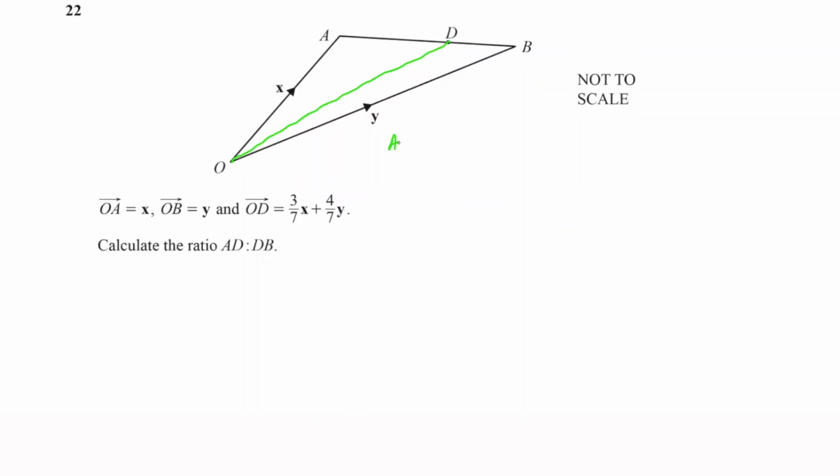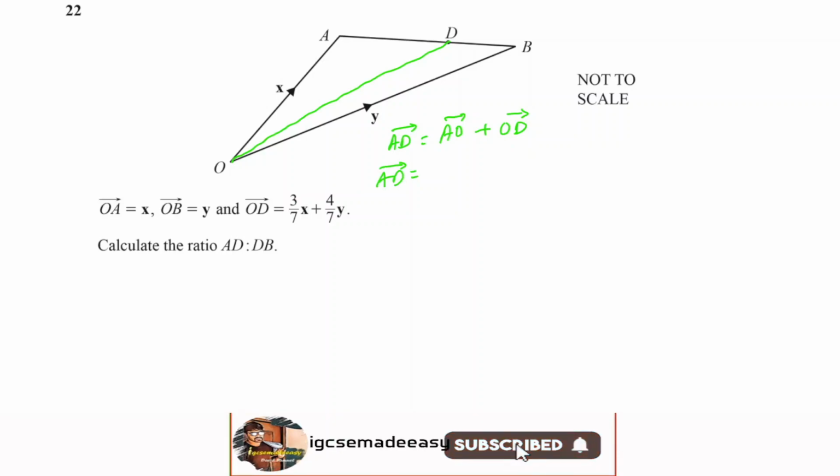So what is AD? AD vector will be equal to, for finding AD, I have to go from A to O plus O to D, right? So AD vector equals AO plus OD.